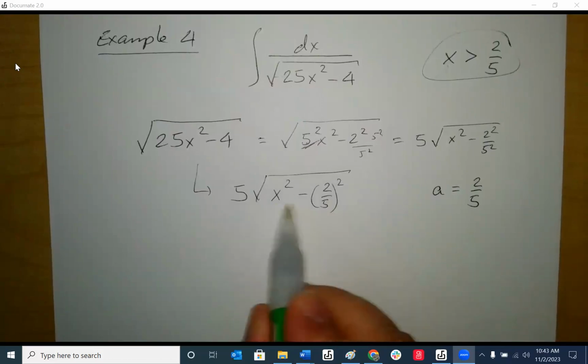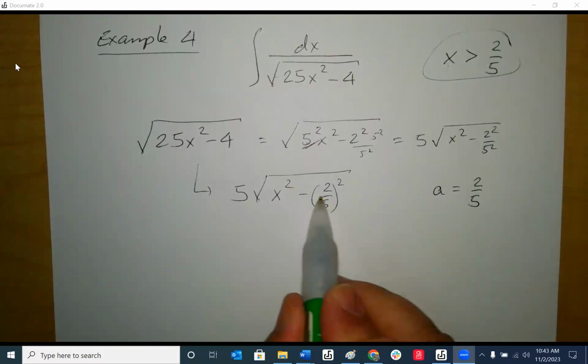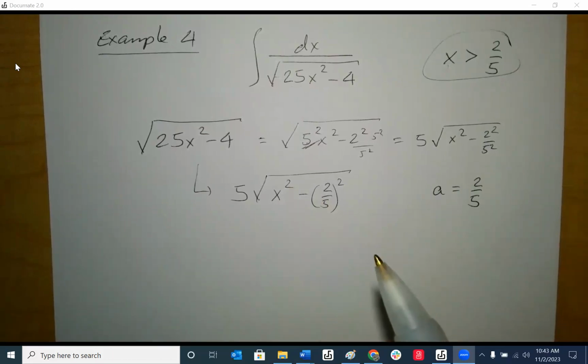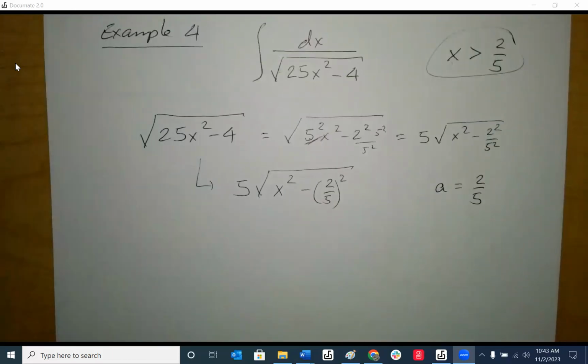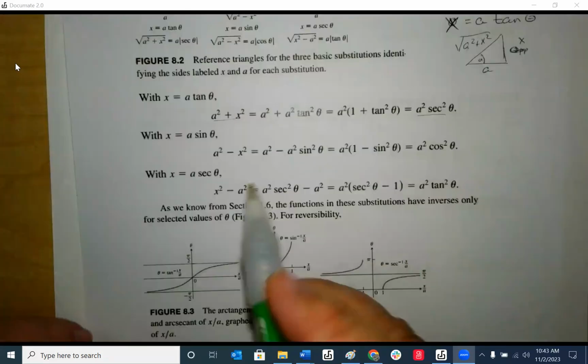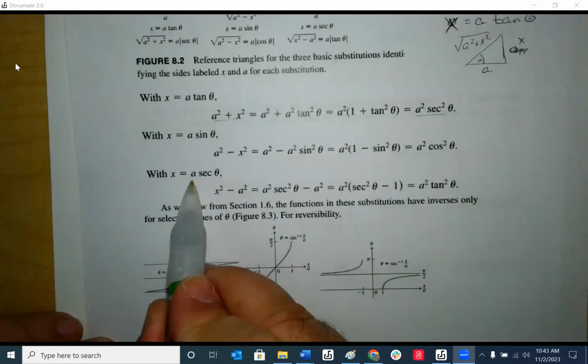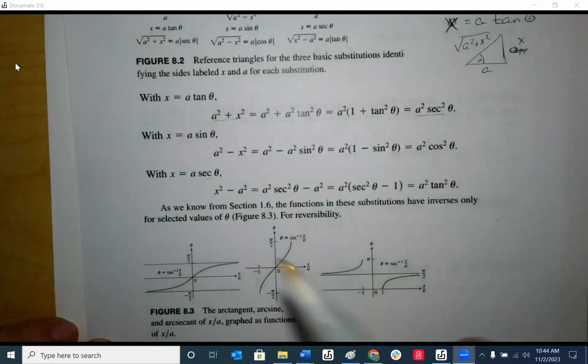So now we have it in the form x squared minus a squared, which is a secant function.